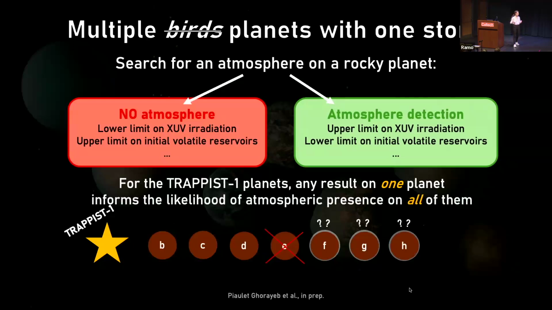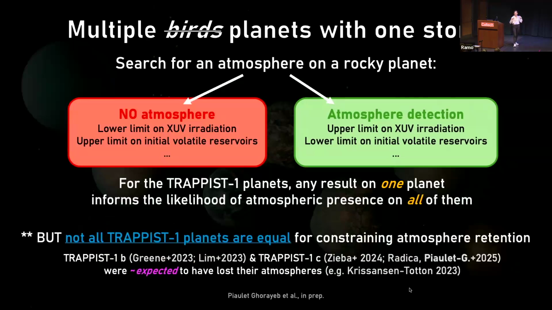But to do this exercise, not all planets are equally constraining, for the planets that are further away from the star. For instance, even though observations for now point to no atmosphere on TRAPPIST-1d and perhaps no atmosphere on TRAPPIST-1c as well, what modeling has shown is that that doesn't yet really update our prior understanding of whether or not the outer planets should or shouldn't have atmospheres, because these are still relatively close to the star.